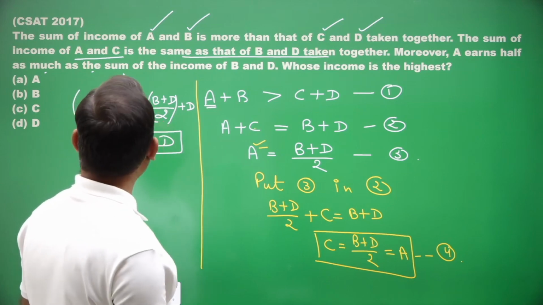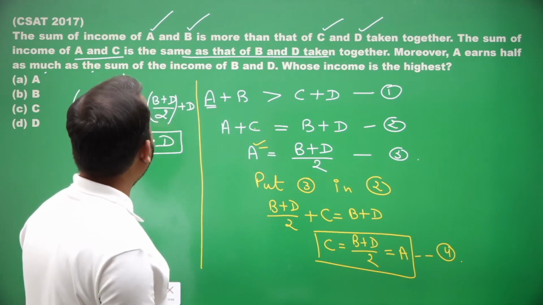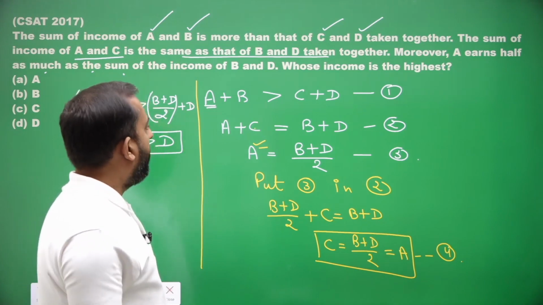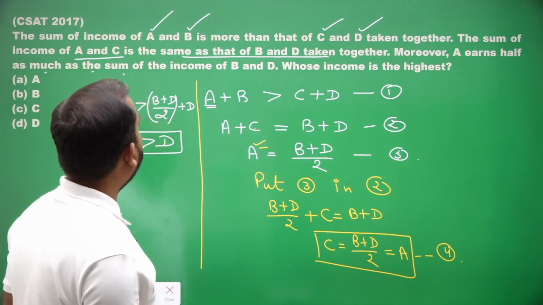Moreover, A earns half as much as the sum of income of B and D. Just a second, what else can we do here?